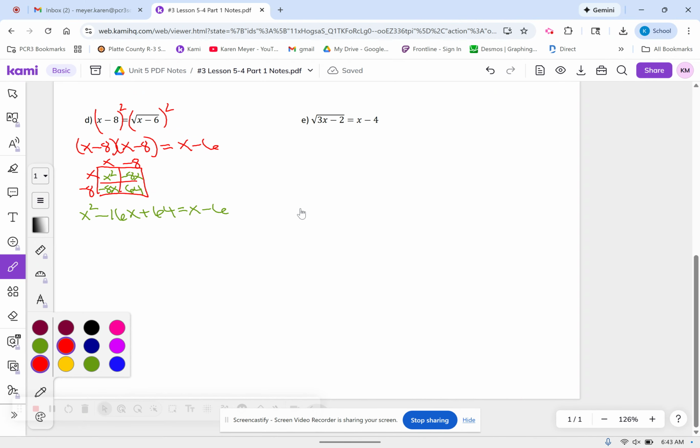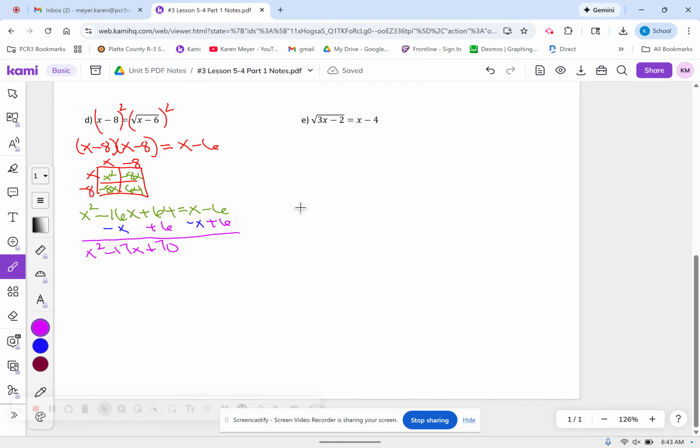So now I'm going to move my x over, line it up under its like term, and then I'm going to move my negative 6 over by adding it, under its like term as well. So then I get x squared minus 17x plus 70 equals 0.